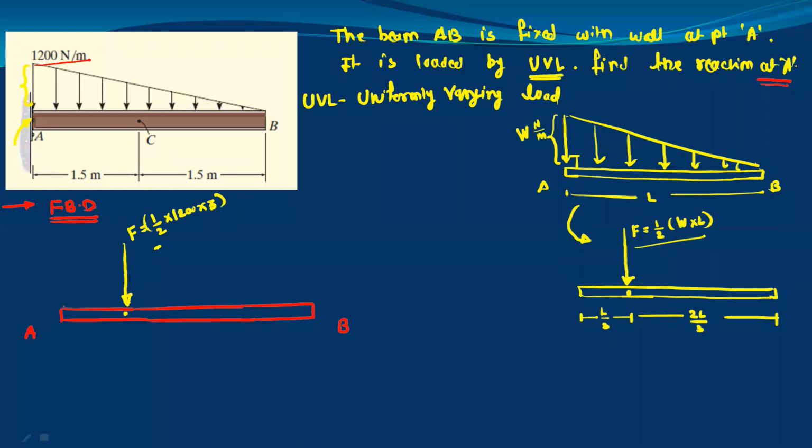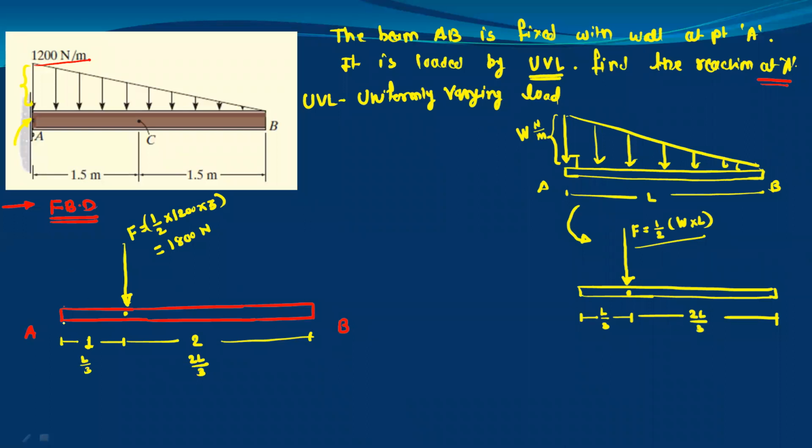So this is equal to 1800 Newton. This is the force value or the point load. Now this point will be at a distance, total is 3 meter, A to B, so 3 upon 3, which is L by 3. So this is 1 meter. And this is 2L by 3, so this is 2 meter.